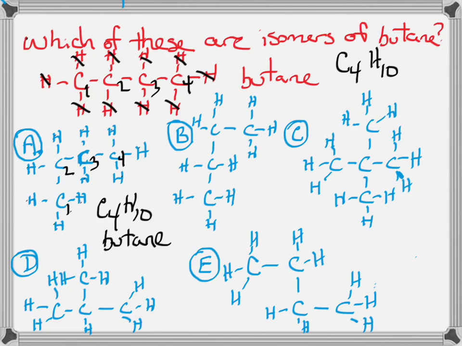If you go on to carbon 3 and carbon 4, you'll see that the connectivity is all the same with both of these molecules. So these are actually the same structure, even though visibly to our eyes they look a little bit different. That's why I encourage you to name them, and if they come up with the same name, it's the same molecule.